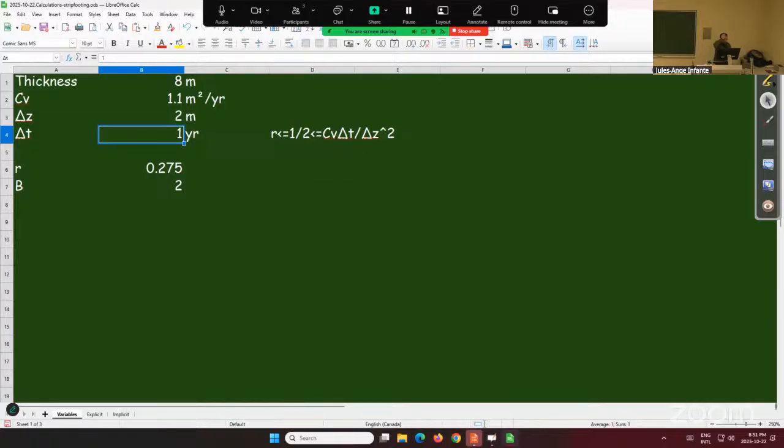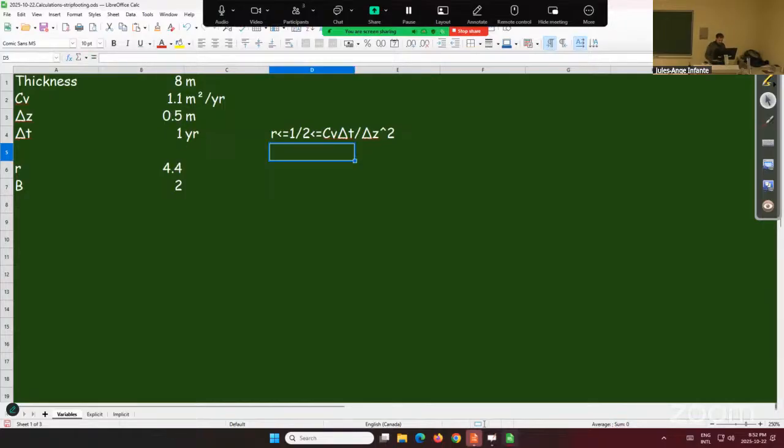If I wanted a higher resolution, what value of delta Z would we want to have? One meter or half a meter? Yes, if we want a higher resolution, let's go with half a meter.